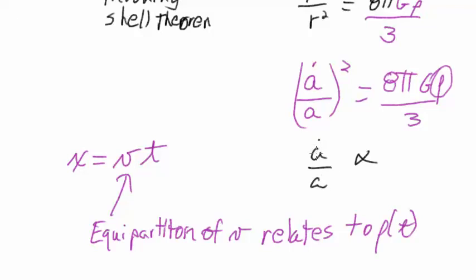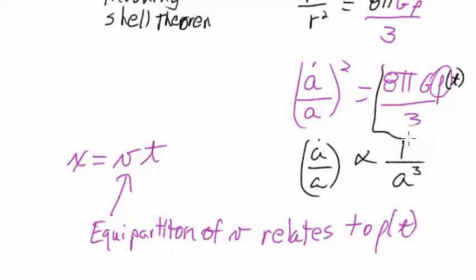A dot over a is proportional to 8 pi G over 3. We don't even need that constant now. But the density is going to be rho of t, and the rho of t is going to be proportional to 1 over a cubed. But if we wanted to keep that constant in there, we need to specify exactly how these different velocities are set up.